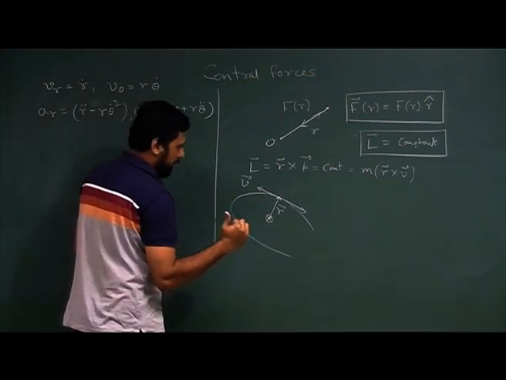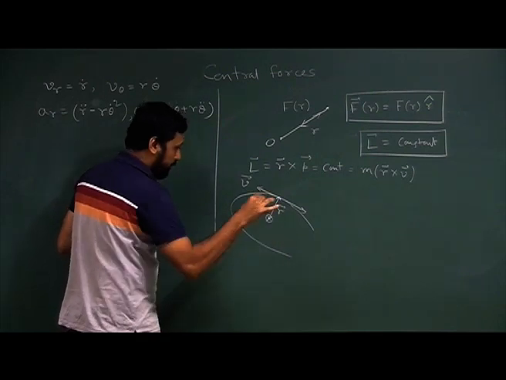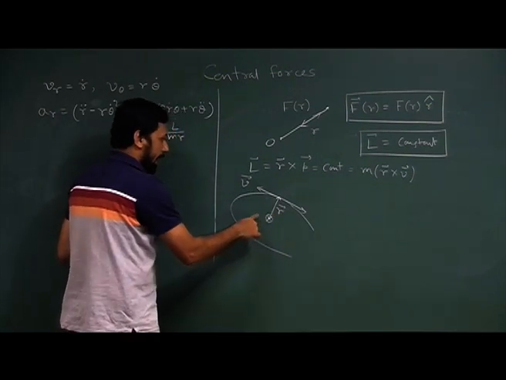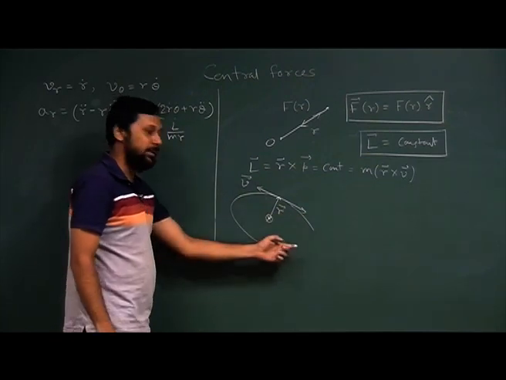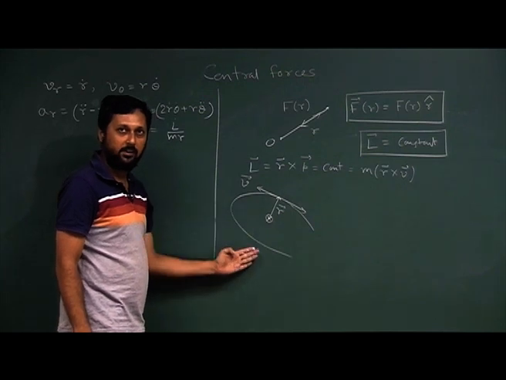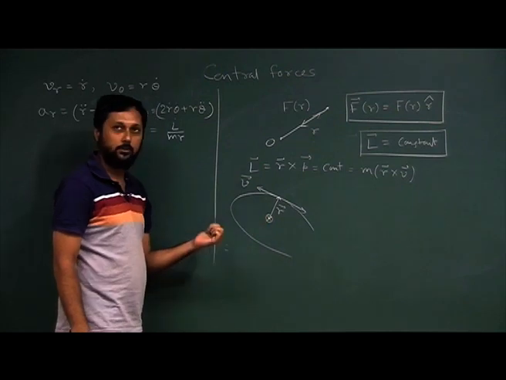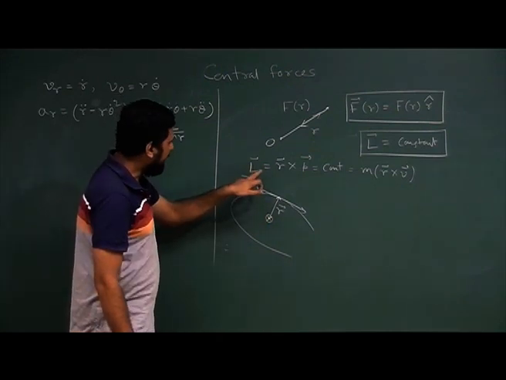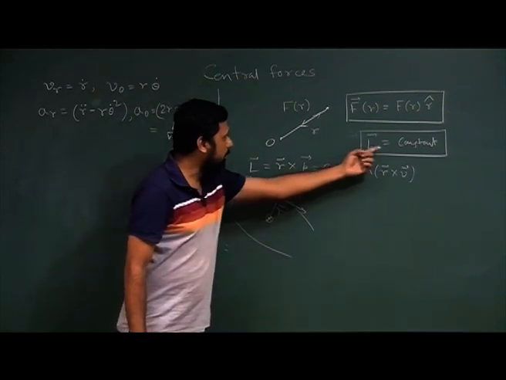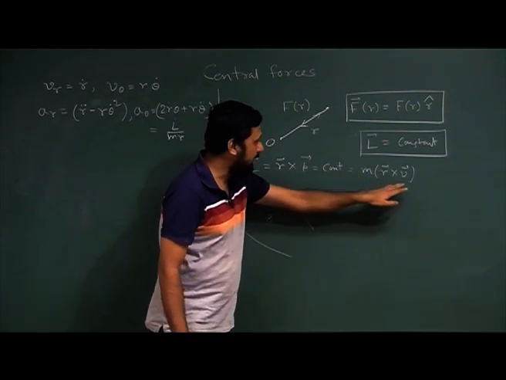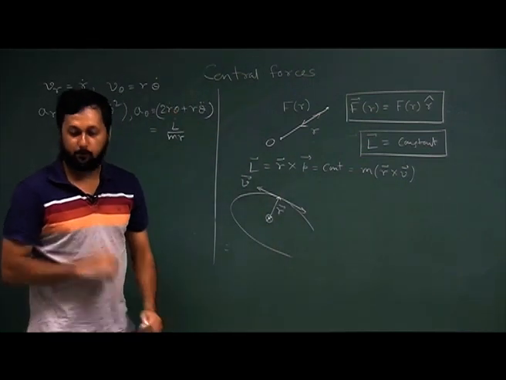But irrespective, L is either out of the plane or inside this plane, and if that direction has to be maintained, R and V have to be on this particular plane of the board. If they are somehow out of this plane, the direction of L will also change. So, we see that as L is given by R cross V, L equal to constant means R and V have to be in the same plane. That essentially means the motion has to be a planar motion.